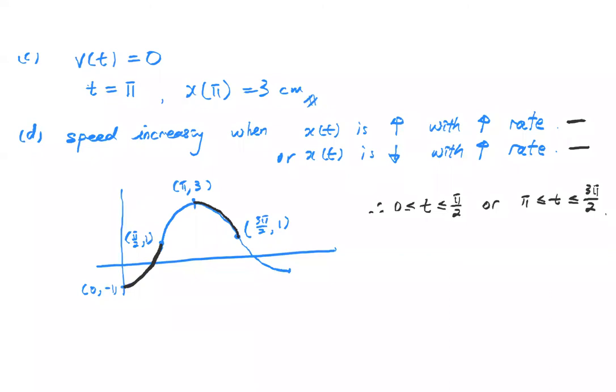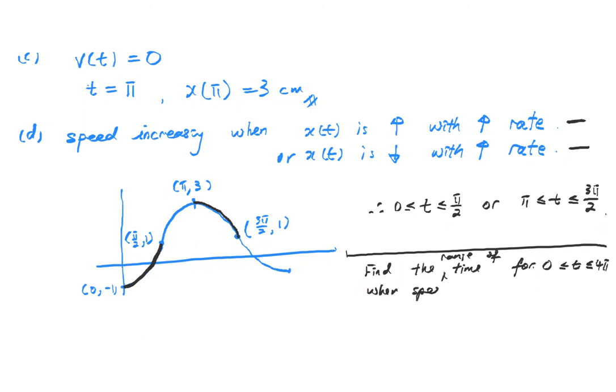Now, I'm going to go a step further. If I change the question like this, find the range of time, the interval, for t between 0 and 4 pi, for example, when speed is increasing. Okay, so how am I going to do this? Look here.